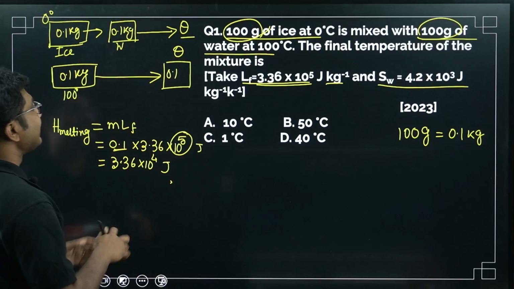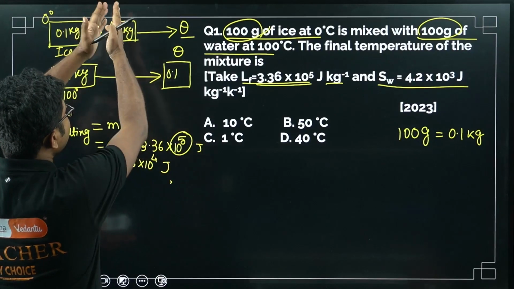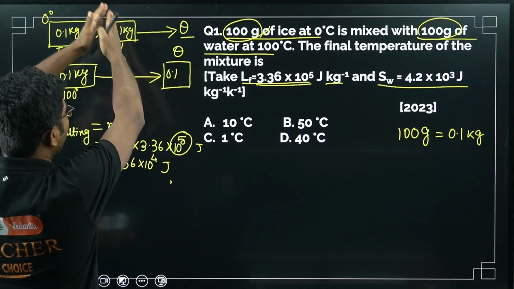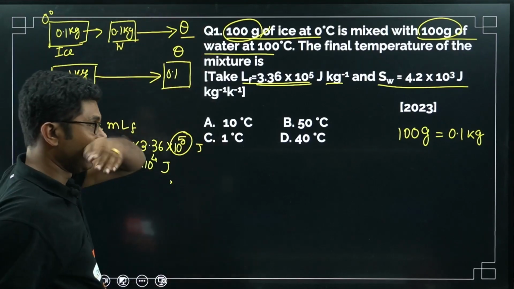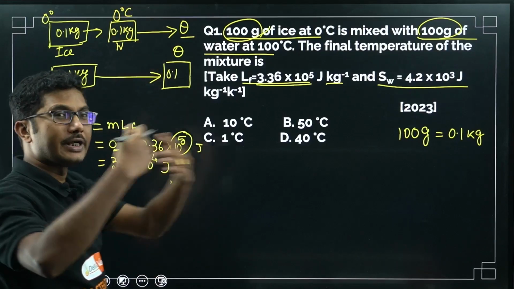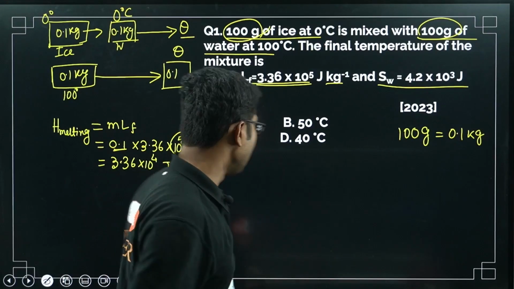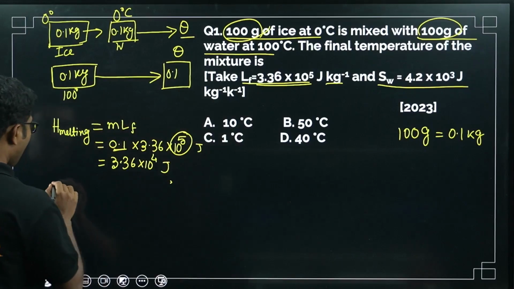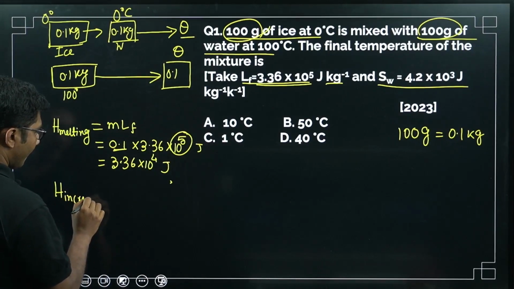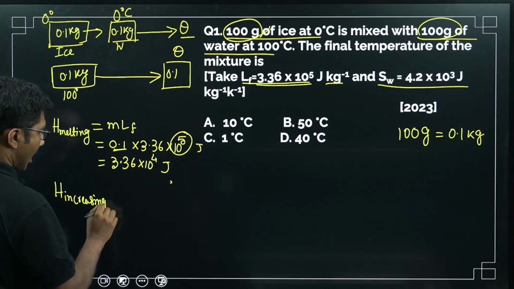Now how much heat is required for 0.1 kg of water to reach theta degrees Celsius? Its temperature is 0 degrees Celsius, so from 0 to theta its temperature is increasing. How much heat is required for this?